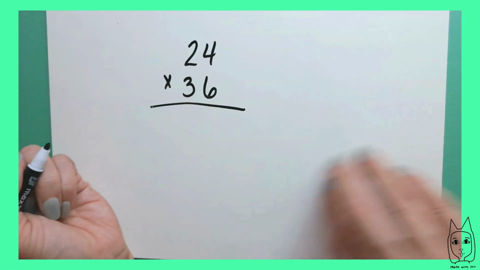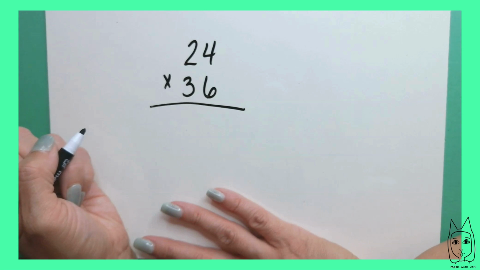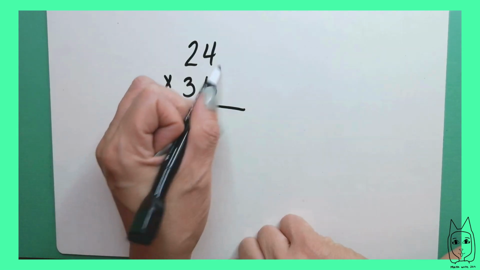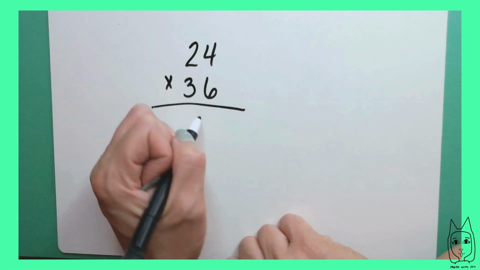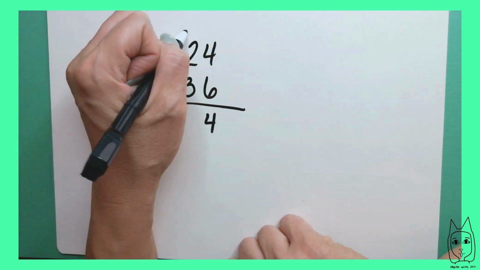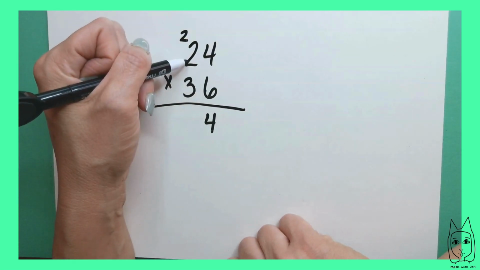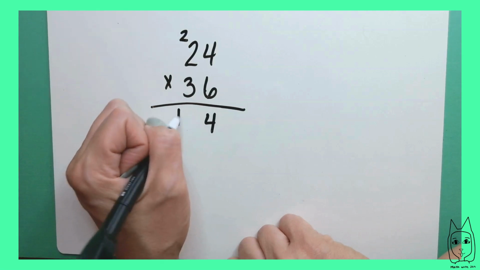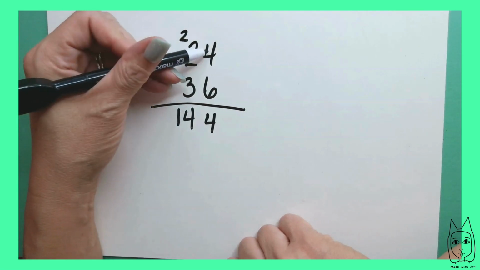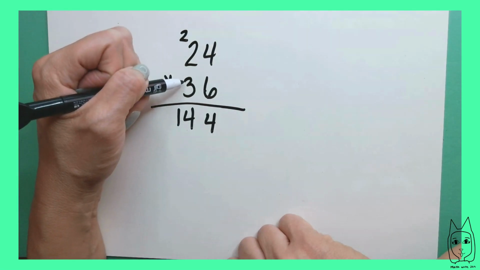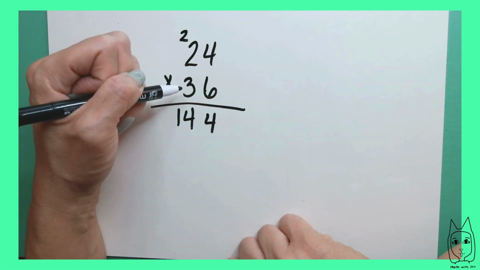The last method we're going to do is the basic standard algorithm. So you're going to do 6 times everything. 6 times 4 is 24. You can only write down one digit, and then you have to carry the other. 6 times 2 is 12, plus the 2 is 14. Now we're starting with the 3, and that's in the tens place, so that's 30.